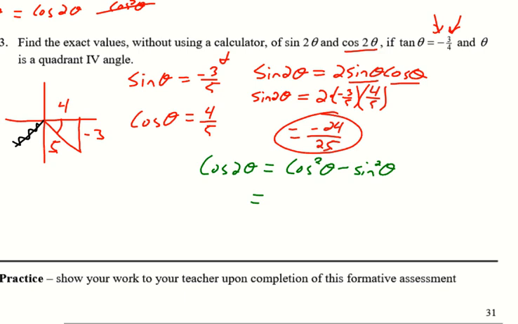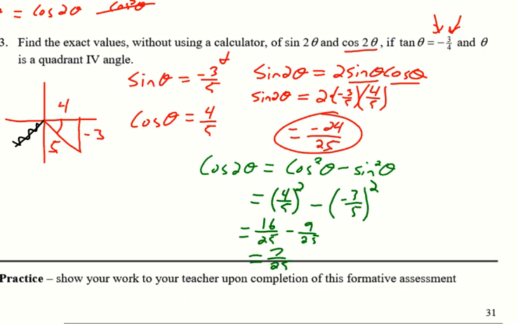Okay, so cos theta was 4 over 5, so it's 4 over 5, but the whole thing's squared, minus sine theta, which was negative 3 over 5, and then the whole thing squared. So that ends up being equal to 16 over 25 minus 9 over 25. So that is equal to 7 over 25.